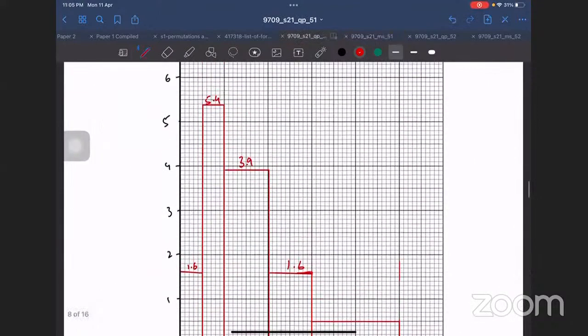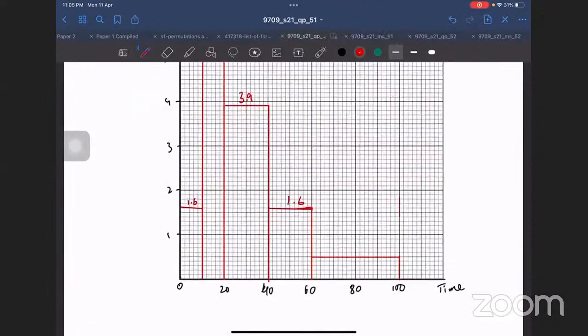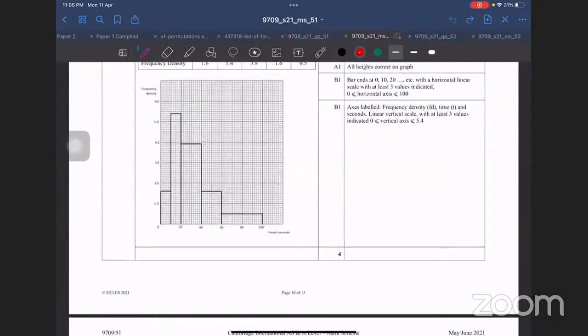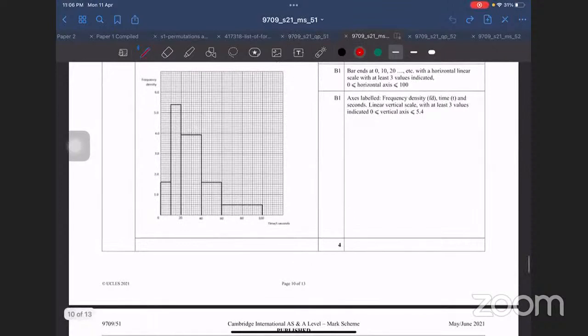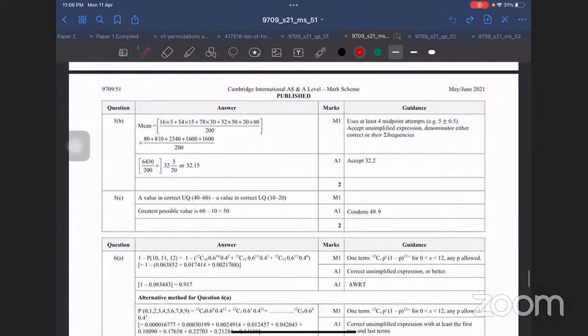I hope I've drawn all the other ones correct. Should be labeled frequency density. Okay. The mean is correct.